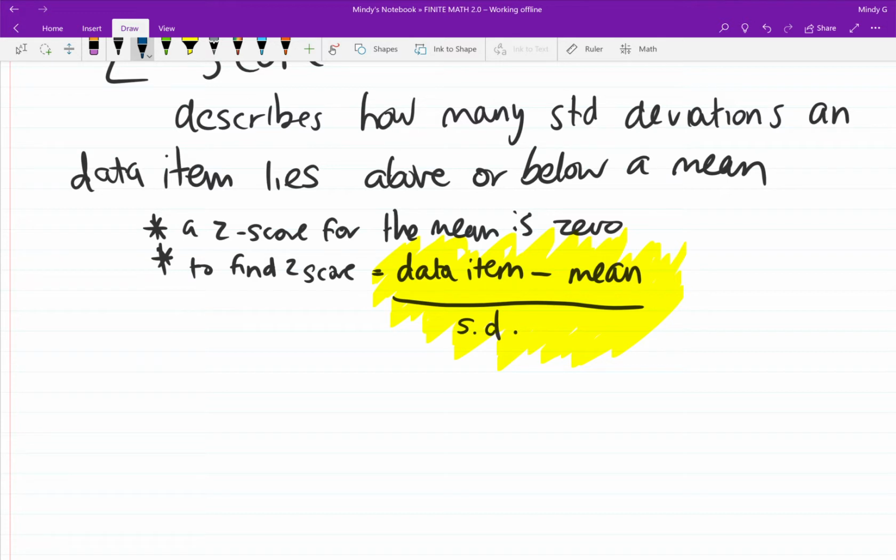Each quarterback will receive a z-score based on the standard deviation. We use this complicated formula to find the standard deviation, and however many standard deviations you are away from the mean, you're given a z-score. So Drew Brees has a z-score, right?